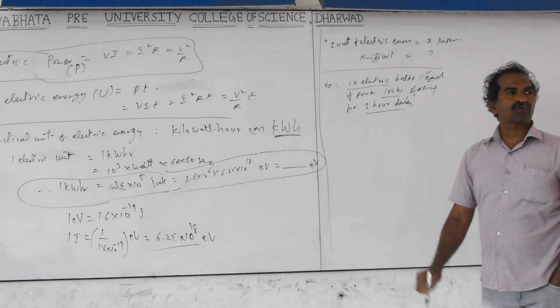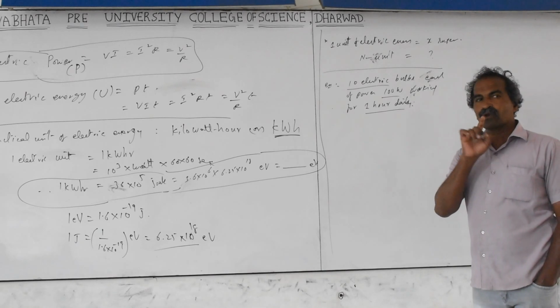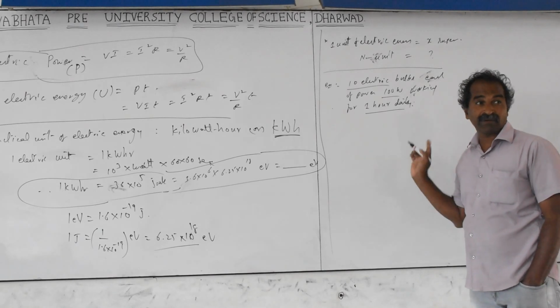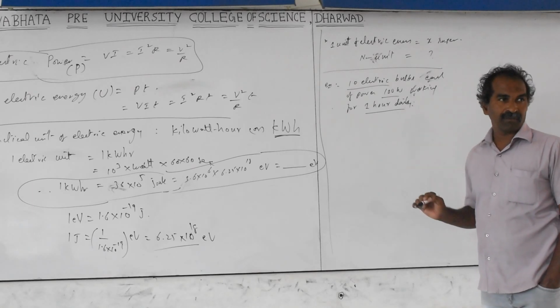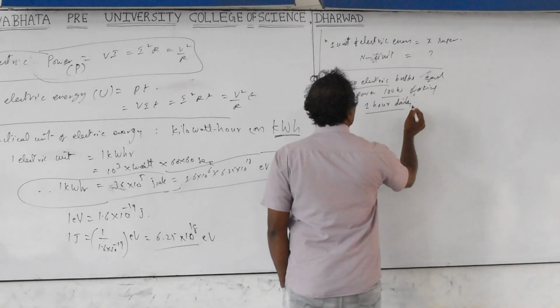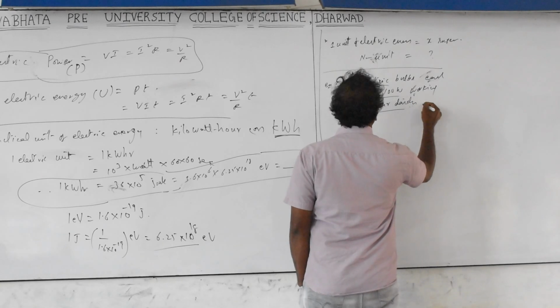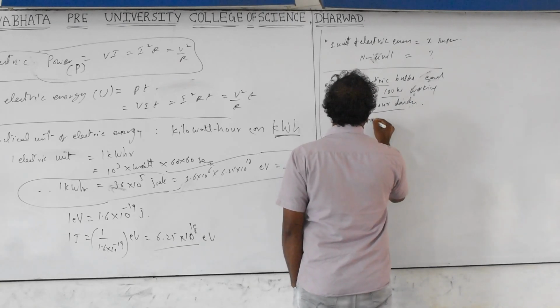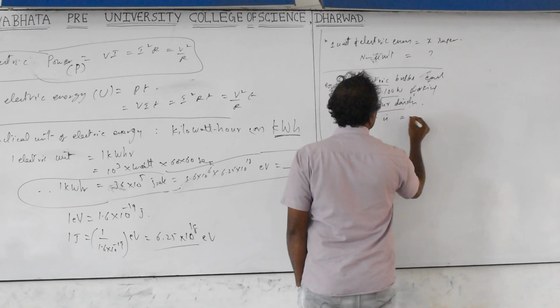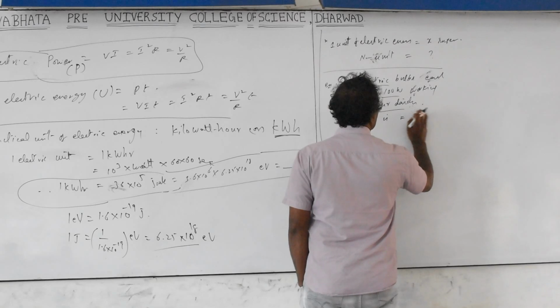So you will be asked to find out the bill. How many kilowatt hours you are using per month, and if the bill rate is given, you have to find out how much per day. 1 unit cost is, let us say, 2 rupees. In Karnataka it is very high.